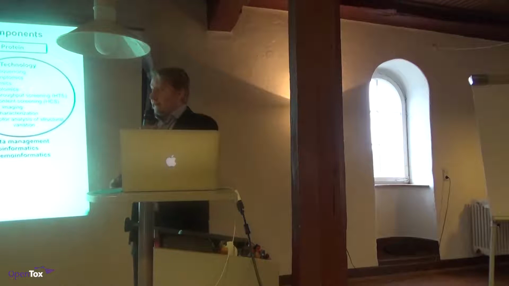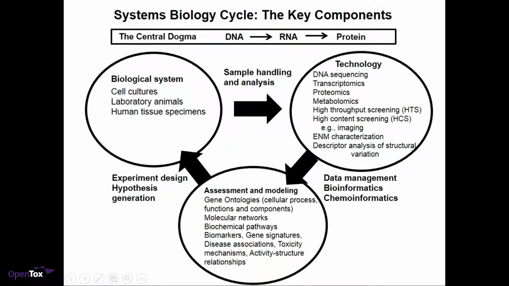To start off, I would like to point out that systems biology and systems toxicology are essentially like any other science. You have a hypothesis that you want to test, and you have an experimental design that you use for testing your hypothesis.